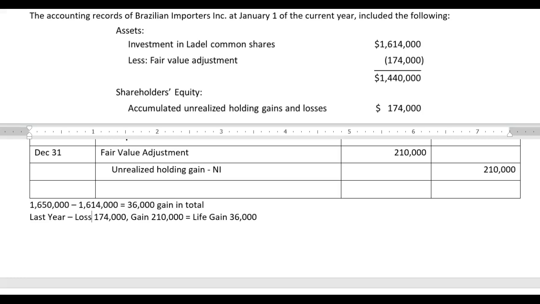We had a gain of 210, but over the life of the position, we show a true gain of 36,000 on this position at this point, even though it's still unrealized, but that's sort of how it would flow year over year for a total gain of 36 at this moment in time. I hope that helps clarify why we're doing these adjustments the way we are.